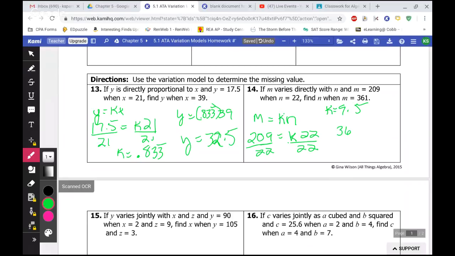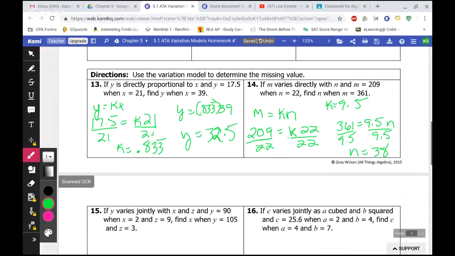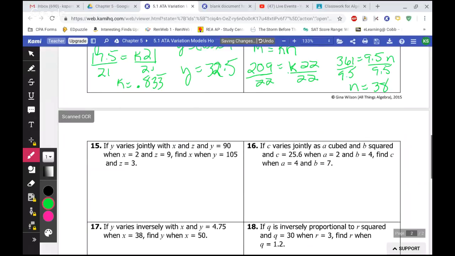So this time we're supposed to find n. n equals 38. That's what I got. Cool.